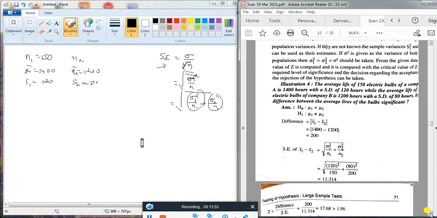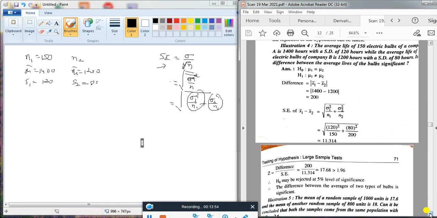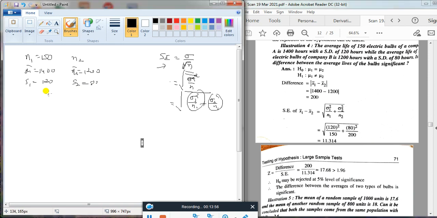Now let me do this calculation part. So the difference is what? 200, 1400 minus 1200, the modulus difference. Now n1 and n2 is 200. So if you apply the given values into the formula, then your standard error formula is: square root of sigma 1 square upon n1 plus sigma 2 square upon n2.